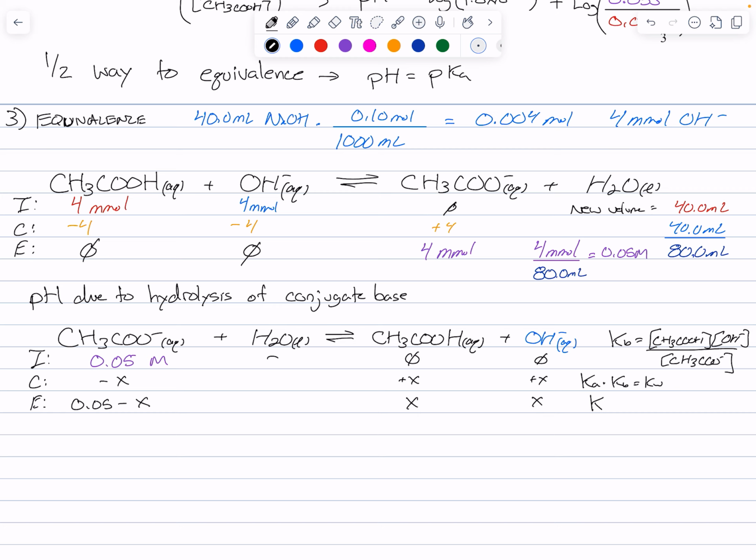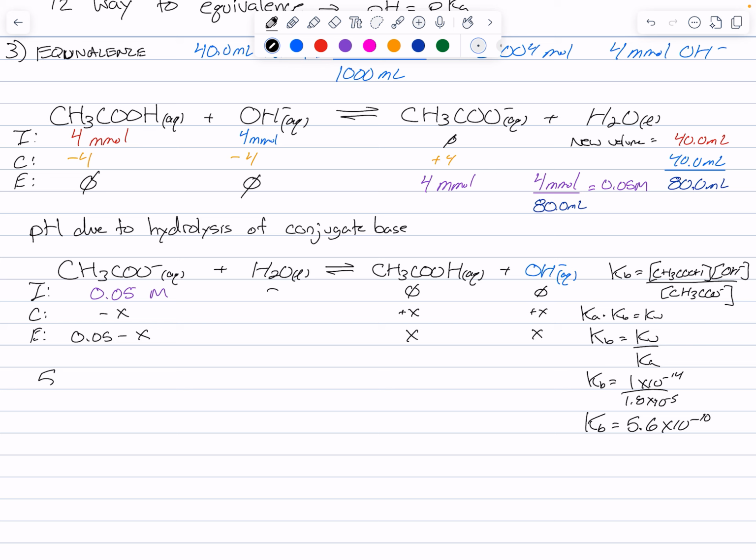So Kb is Kw divided by Ka, which is 5.6 times 10 to the negative 10. Our Kb expression: 5.6 times 10 to the minus 10 equals x squared all over 0.05 minus x.